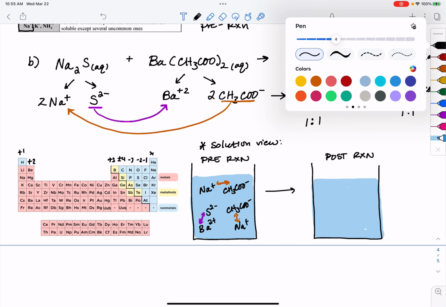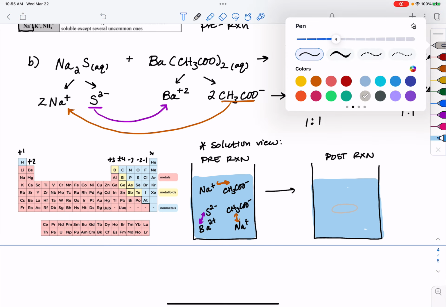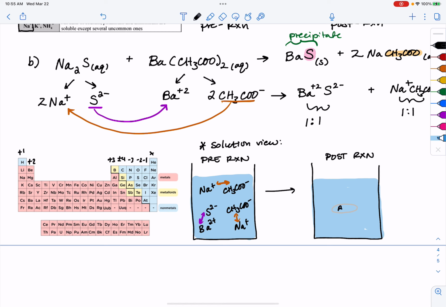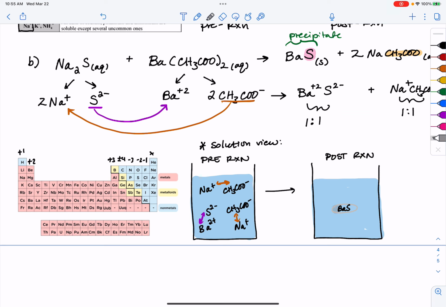And I would see probably sparingly, so it would look pretty faint to you, like not a major clump. Maybe something that hasn't stuck to the bottom yet, so I'm going to write this as suspended. You might have, I don't know, 1 particle of barium sulfide. And then we would have, again, our aqueous sodium acetate.